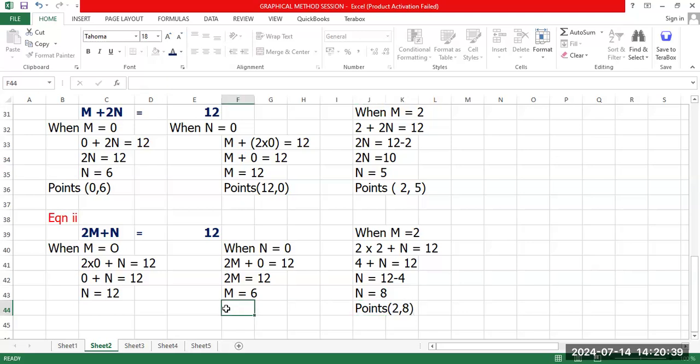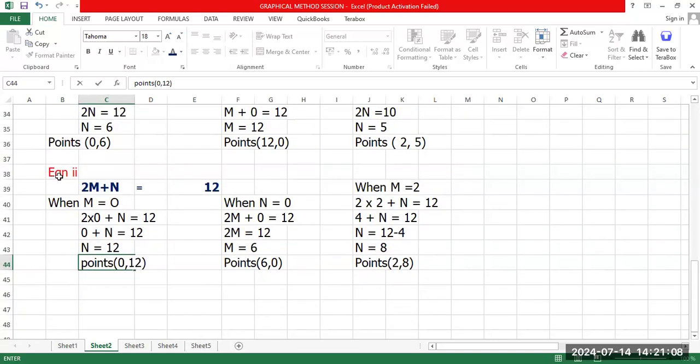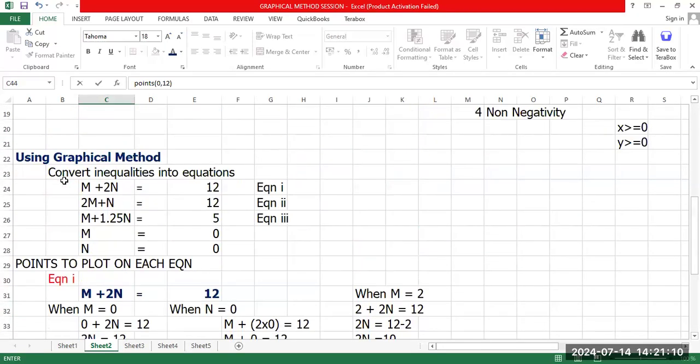Then here we put 6 and 0. Here it is 6 followed by 0, or 6 against 0. Then here, our points. It's 0 and 12. You are done with equation 2.